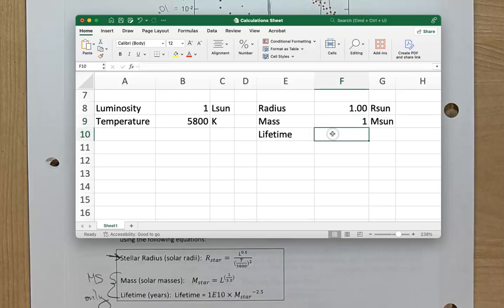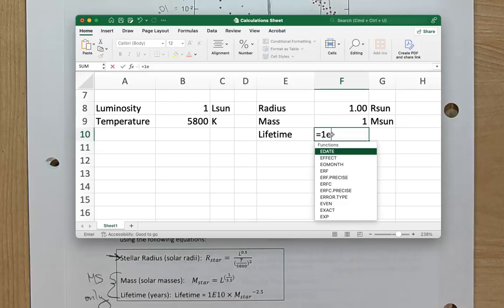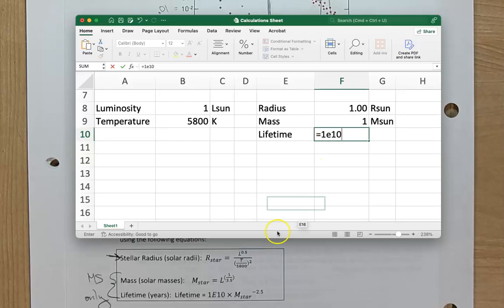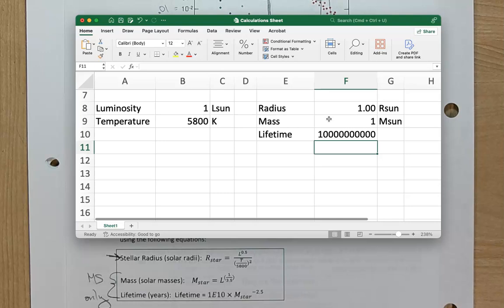Right? And then the lifetime. What's the lifetime of a main sequence star? Well, it equals 1 times 10 to the 10th power, 1e10, times the mass raised to the negative 2.5 power. Right? So there we go.